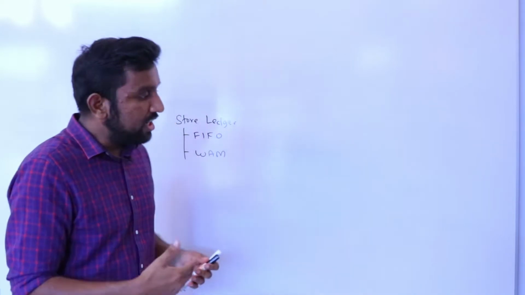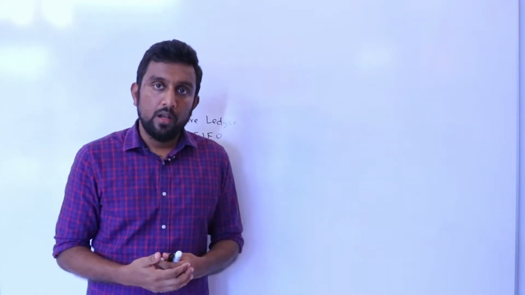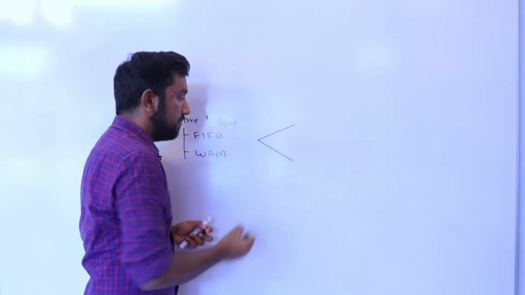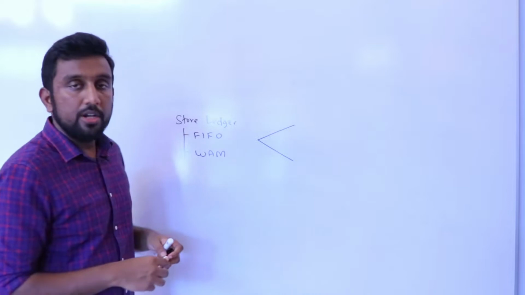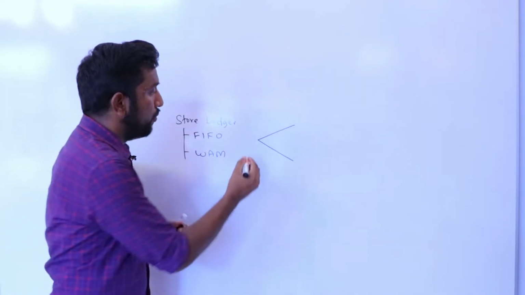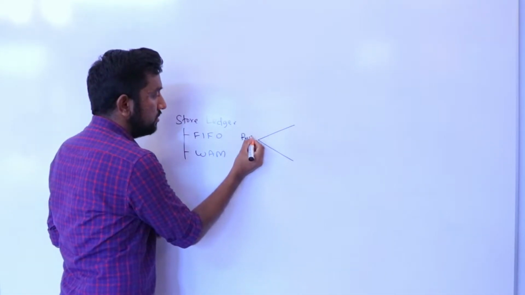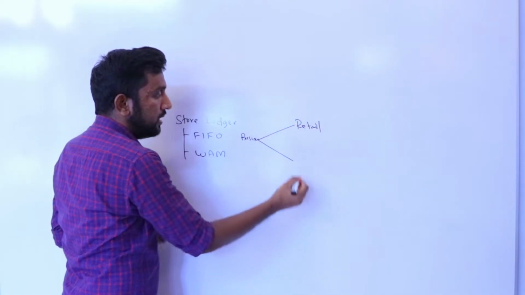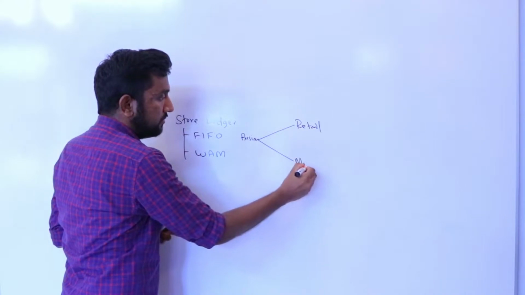And when it comes to stock, we have two different businesses which are related to the store ledger. So we are dividing the business into two. The first one is retail or resale, and the second one is manufacturing.